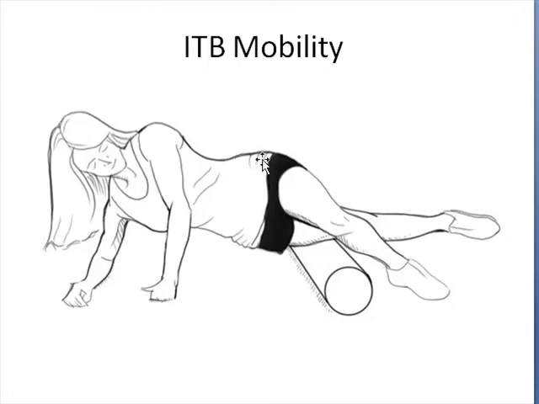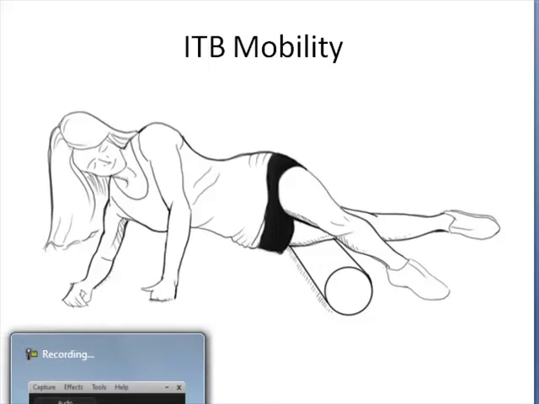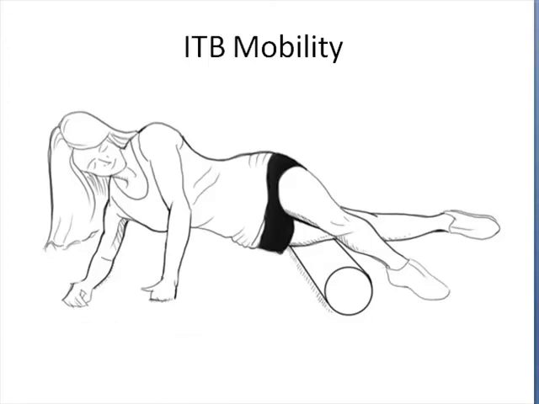The iliotibial band extends from your hip all the way down to your knee, and you can Google how to do foam roll exercises, but if you can, find a firm pillow, roll it up, or find a foam roll, and then just work your leg up and down, side to side over that. It's typically very tender and almost borderline painful, so you want to go slow, but over time, if you can do this on a daily basis, it will mold that tissue and improve the flexibility, lessening the strain on your knee.